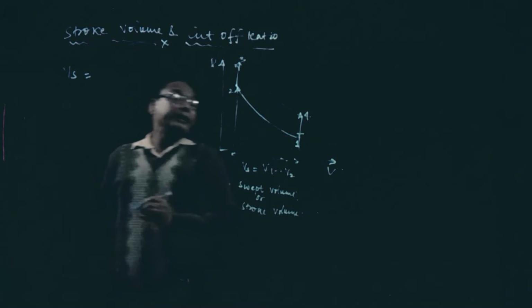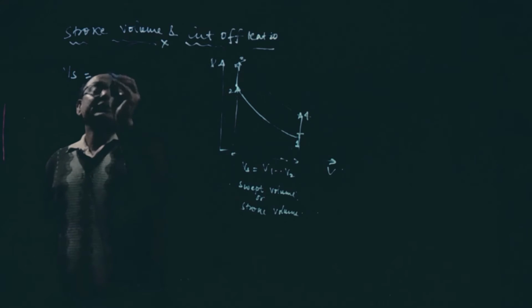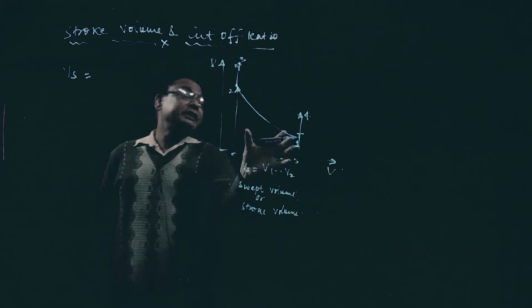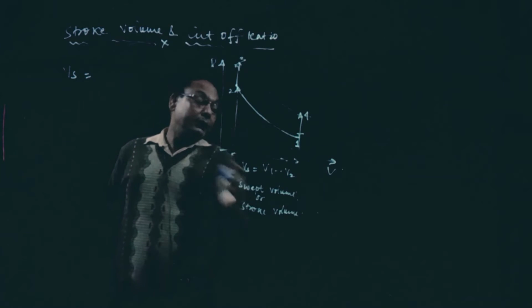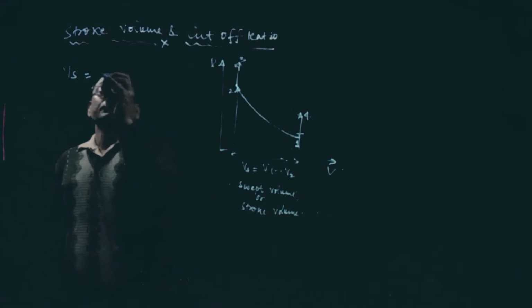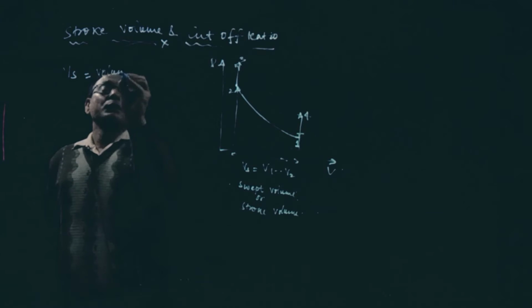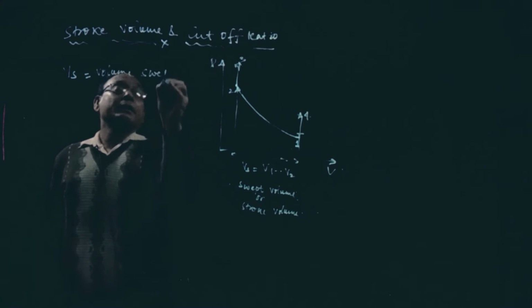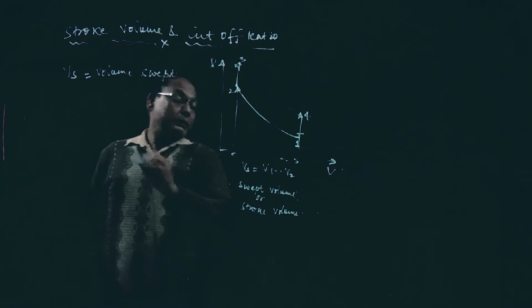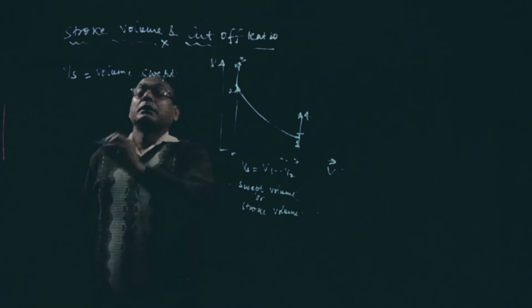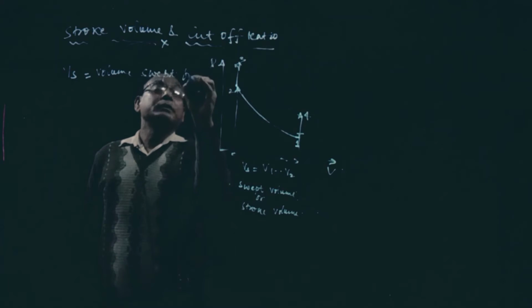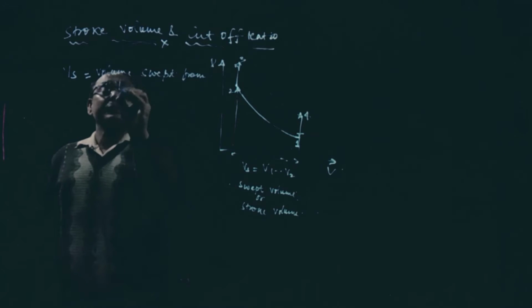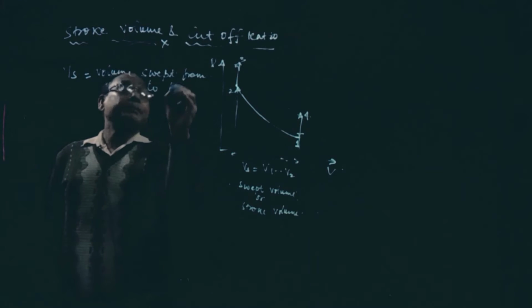So, how to find out stroke volume? It is the volume occupied, starting from V1 to V2. So, the volume swept from TDC to BDC.